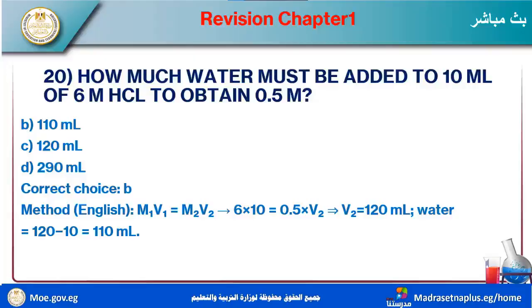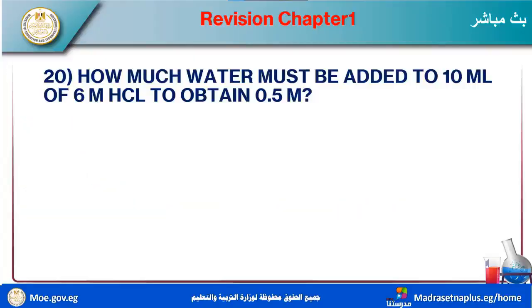Now, we have the same law, M1 times V1 equals M2 times V2. What is the given? I have in this problem 10 mL of 6 molar HCl. So 10 times 6 equals 0.5 times V2.